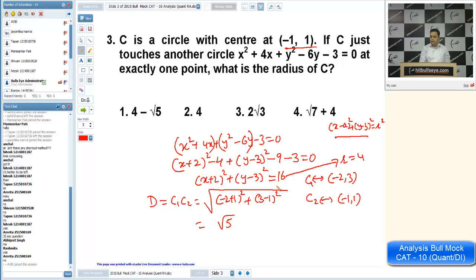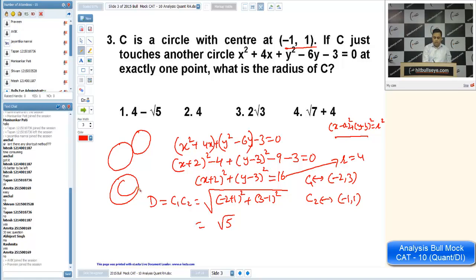Because you can write this 16 as 4 square. So there are two cases. Either the two circles touch externally or they touch internally. If the two circles touch externally, then the distance between their centers should be equal to the sum of their radii. But here the distance is root 5, which is less than 4, which is less than the radius of the given circle.